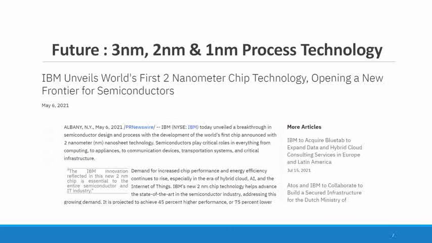Next, the future: as I told at the start, the 3 nanometer, 2 nanometer and 1 nanometer process technology. On May 6th of 2021, 4 months back, IBM unveiled the world's first 2 nanometer chip technology. They also stated that this 2 nanometer technology will come into the market around the year 2022 or the start of 2023.